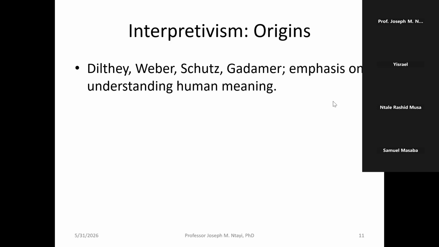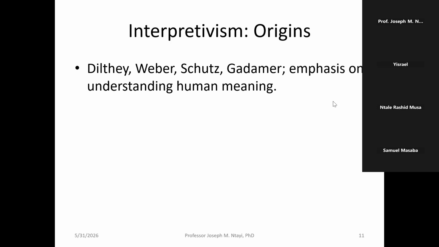So when we talk about interpretivism, again, I'll give you the summary of this. Otherwise, we need also a full lecture on interpretivism, right? But for some of you who've been attending our lectures, I did talk about these traditions the other week at Makerere.